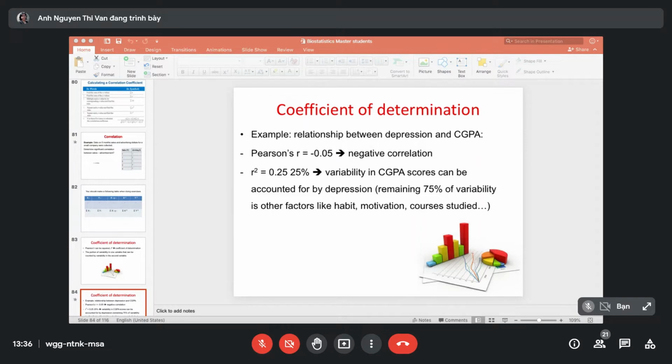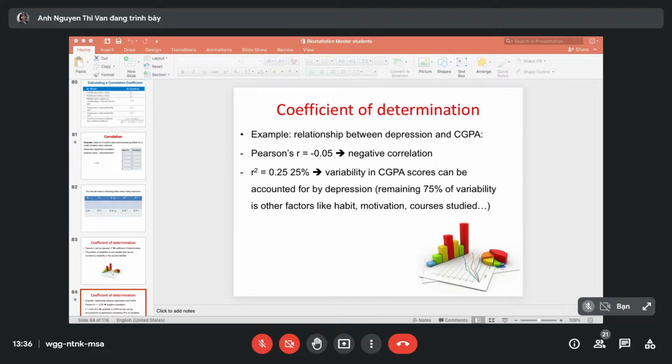Because this correlation is weak, it's a poor correlation, so depression can explain only 25% of variability. So if you want to find the factors that can affect the CGPA score here, you need to also study other factors.